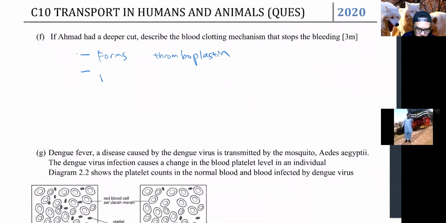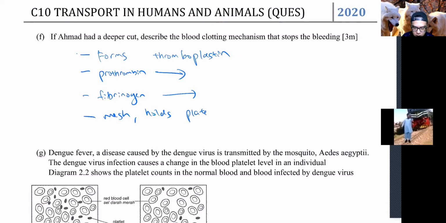Thromboplastin will convert prothrombin to thrombin, and then fibrinogen to fibrin, and then it will form a mesh, pulls platelets together, form a scab. Okay, so that's what happens.